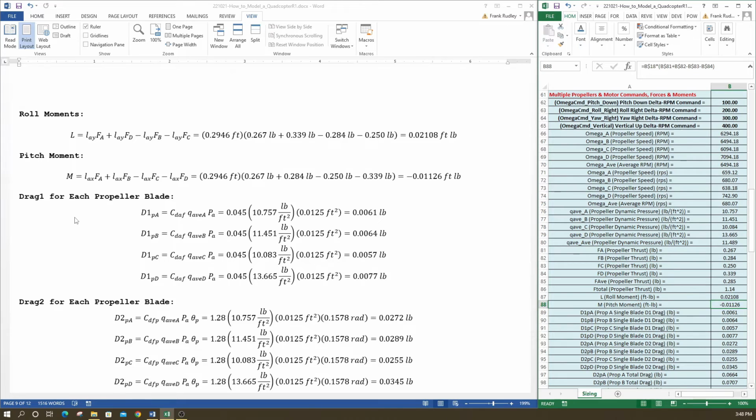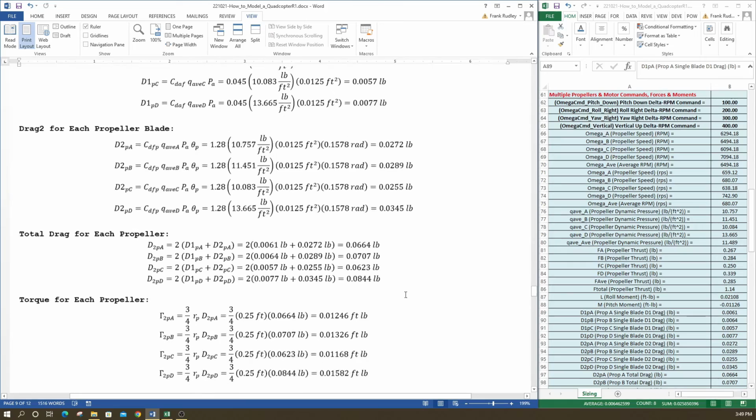Now we're going to compute the D1 drag for each propeller blade, and that's over here and here. So this is our D1 drag, and we get 0.0061, 0.0064, 0.0057, 0.0077 pounds.